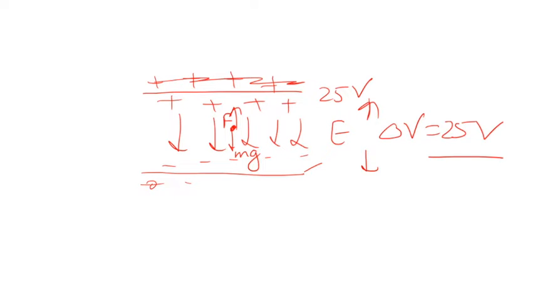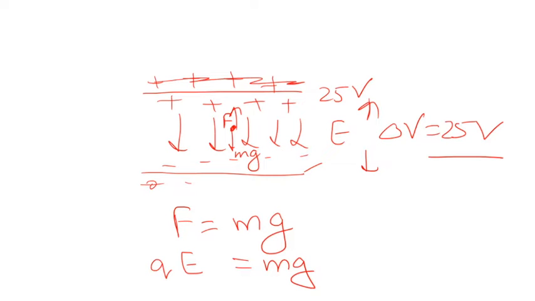Of course, the electric field is this side and this charge is negative, so the force will be this side. You can see that F and mg are in opposite directions. So F is equal to mg, and F is equal to Q into E, which equals mg. Now mg you can write as density into 4 by 3 pi r cube into g.